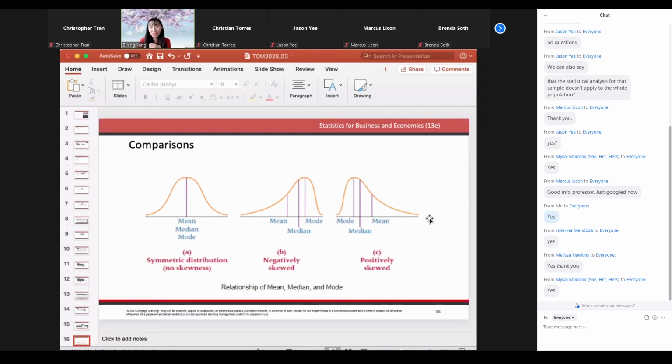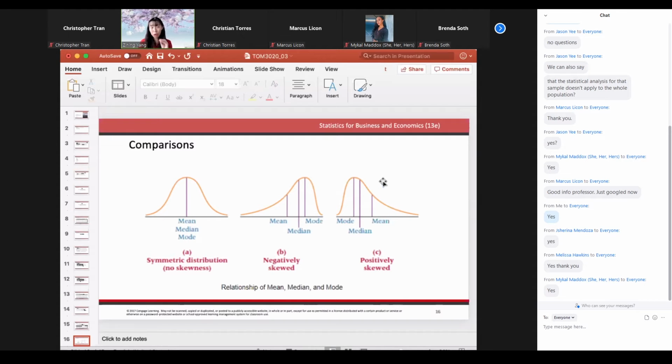And then in the neighborhood, there may be someone making 1 million. That's toward the end. So that's a typical positively skewed distribution. An income distribution always looks like this, and property value distributions mostly look like this.